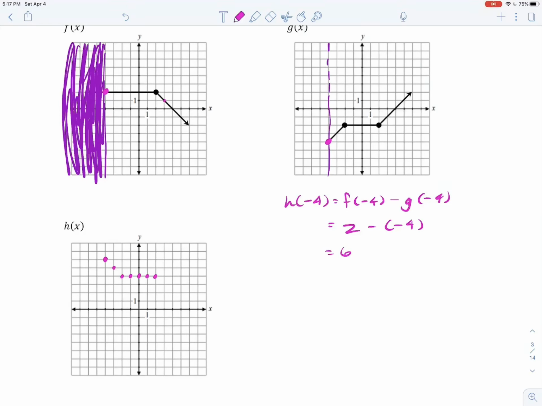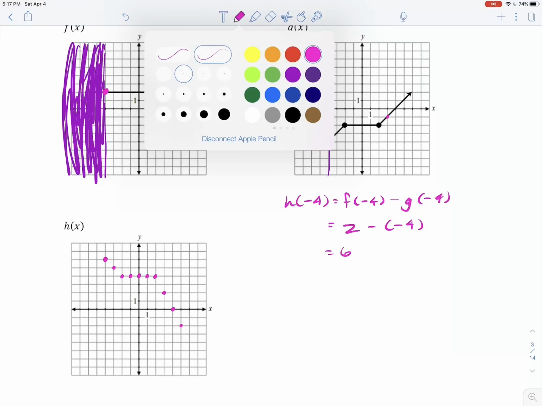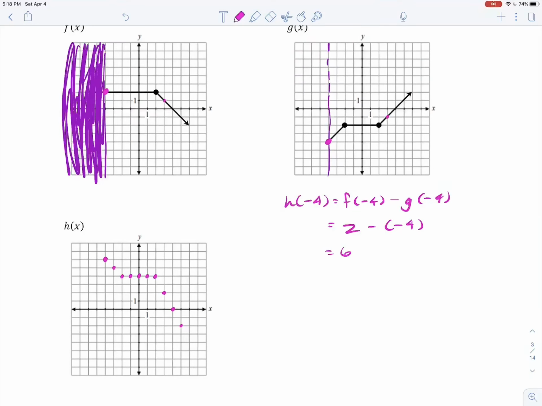That's 1 minus -1. That's like 2. And then 0 minus 0, 0, and I guess that's just going to continue. Same pattern. Neat. This is me playing connect the dots.